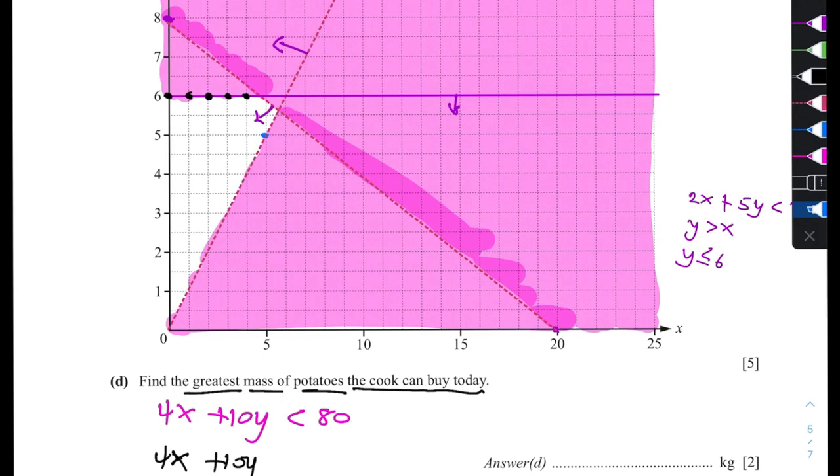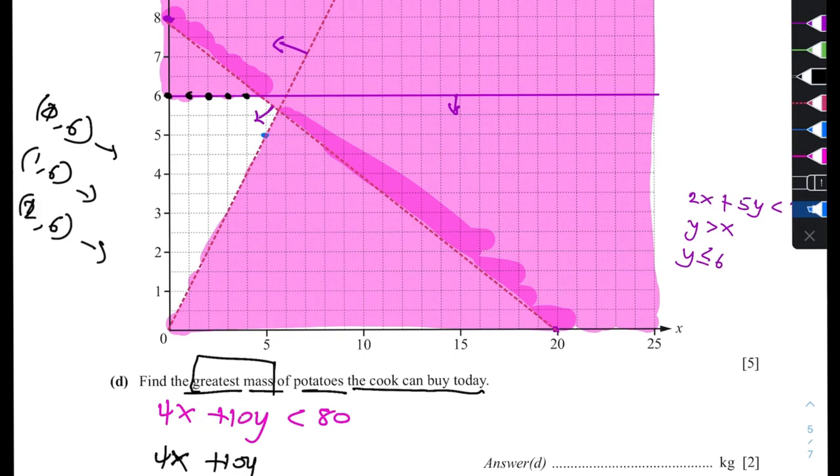Okay, any of these would be the answer. But you can just take your calculator and check it out, because the key word is the greatest mass. So you can just use your calculator to do this. I have put 4x plus 10y on my calculator. And then when I choose the point (0, 6), I'll just write these points down, and then we'll write the answer later for you to see which one is the greatest answer, instead of me just telling you.